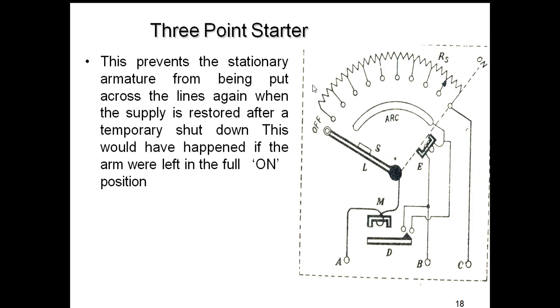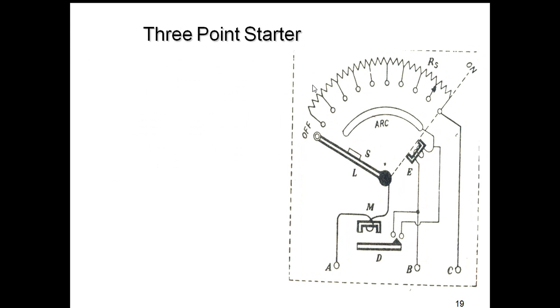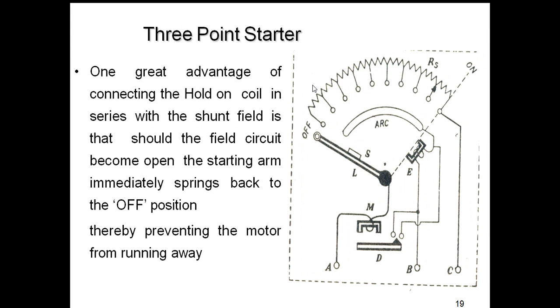This prevents the stationary armature from being put across the lines again when the supply is restored after a temporary shutdown. This would have happened if the arm were left in the full on position.